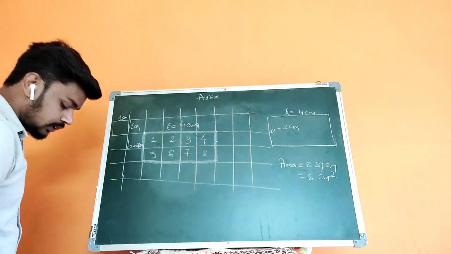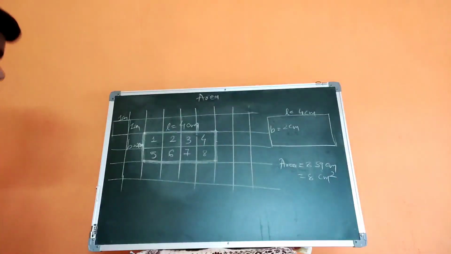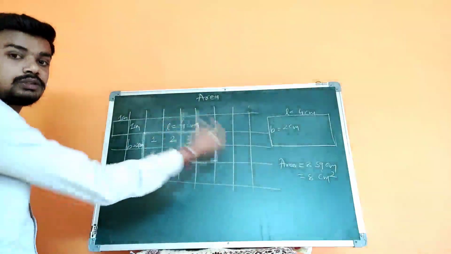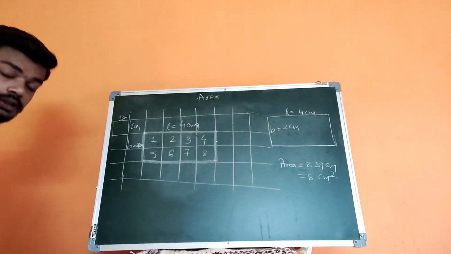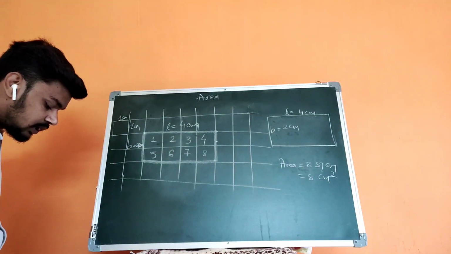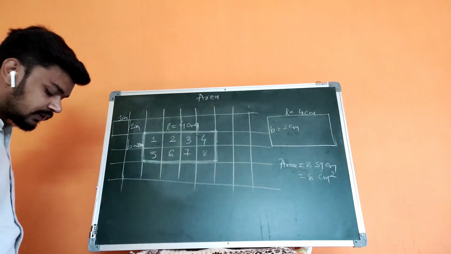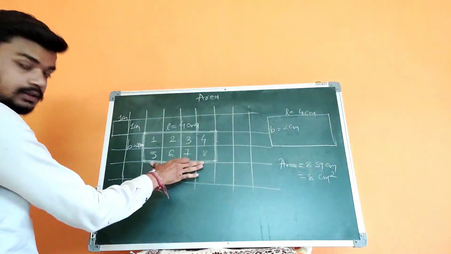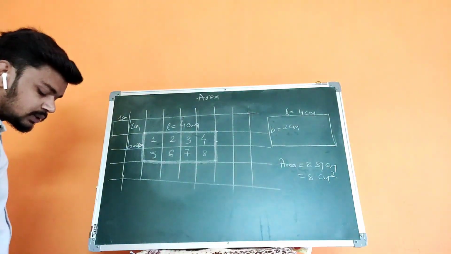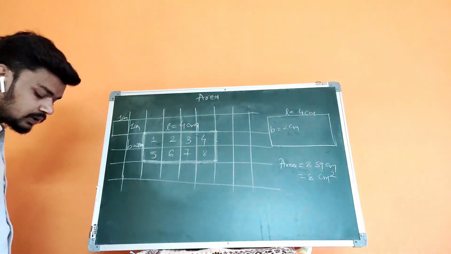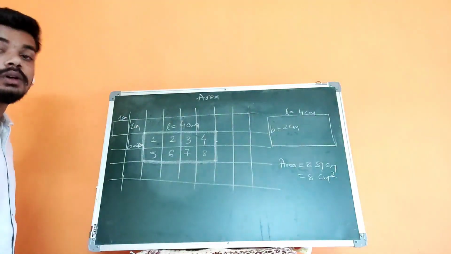Now as per the block, if we talk about the square grid, for that also there is a definition for the area: the area of the surface, the surface or the plane figure, is the number of square units needed to cover the surface or the figure.